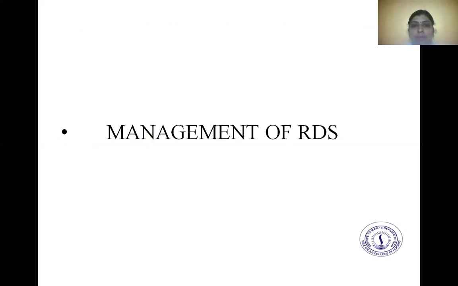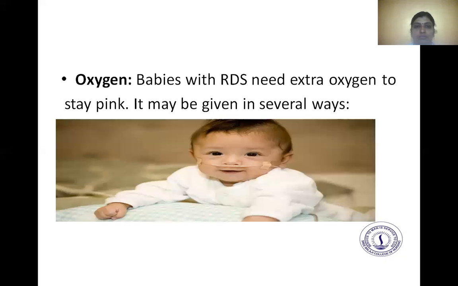Next, we'll see about the management of respiratory distress syndrome. The management is divided into 3 stages: mild, moderate, and severe respiratory distress syndrome. According to the stages, we have to provide proper treatment to the babies. The first one is mild respiratory distress syndrome.